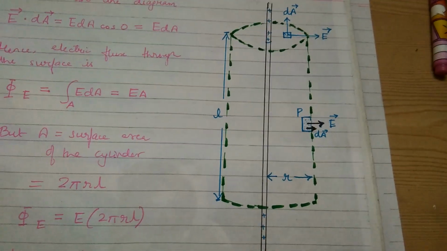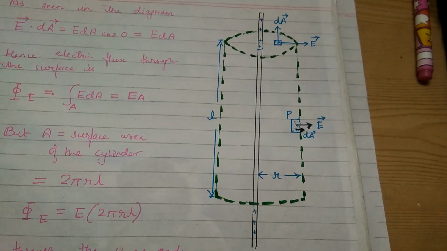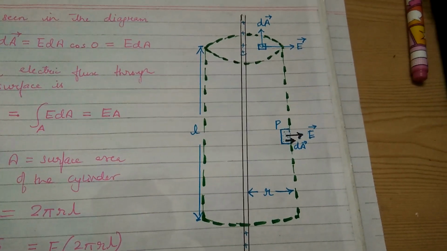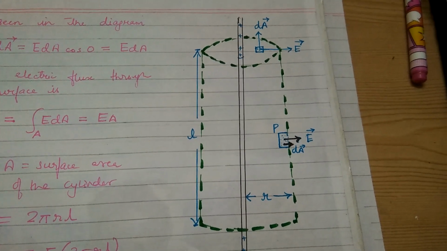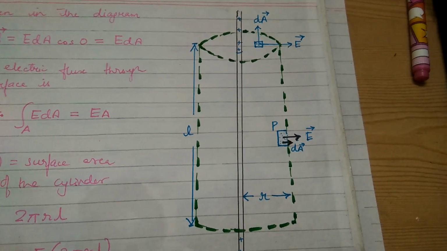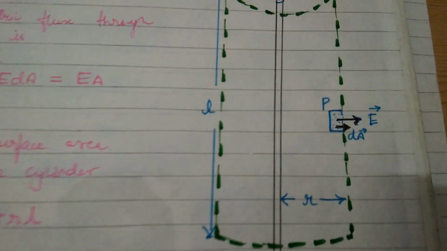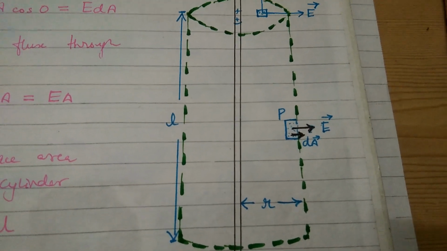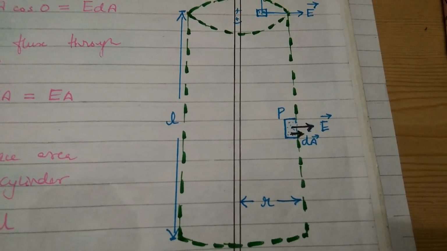The black is the imaginary infinite wire which is positively charged, and the green color is the imaginary Gaussian cylinder which has a radius r and length L. We are considering a small area element dA such that the area vector and electric field vector are in the same direction.